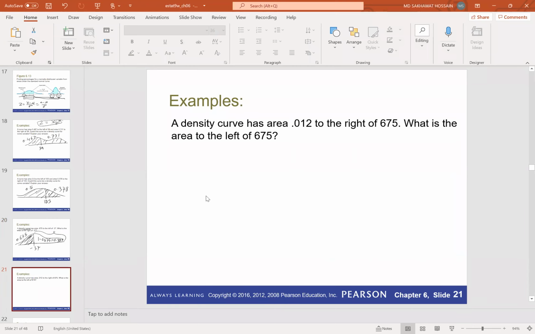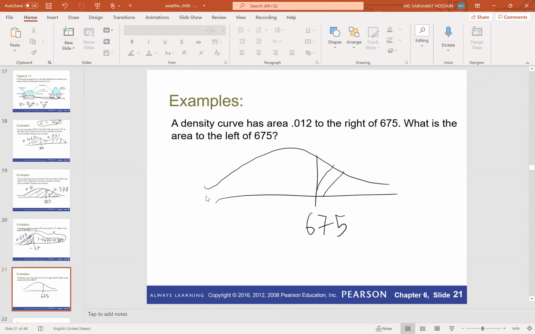Actually, this is similar. We are given a density curve and the area to the right of 675 is 0.012. The density curve does not necessarily look like this curve. I'm always drawing this type of curve, so you might think the density curve will always look like this.